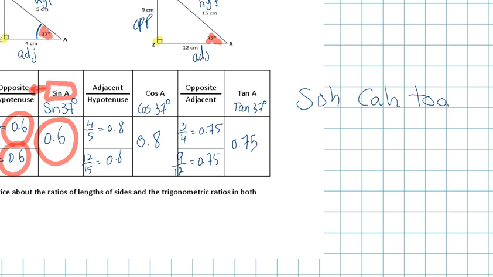Sine equals O, opposite, over H, hypotenuse. CAH: cosine equals adjacent over hypotenuse. TOA means tan equals opposite over adjacent.